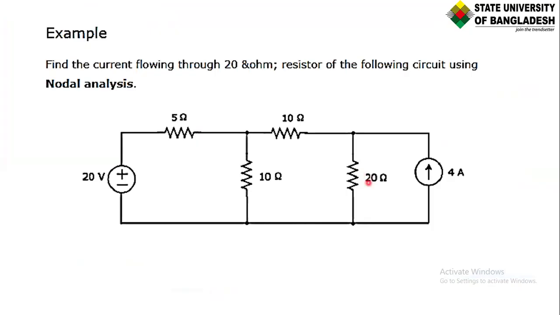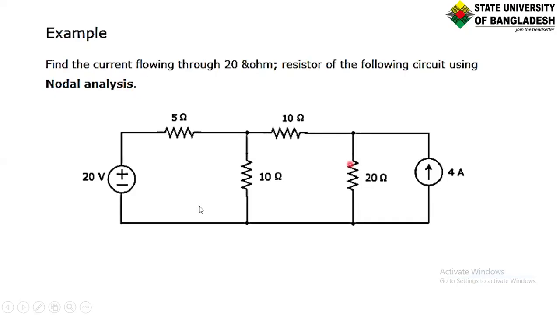For finding this, you have to use nodal analysis, which is strictly mentioned there. If a question asks you to solve the circuit using the nodal analysis technique, there is no other option.